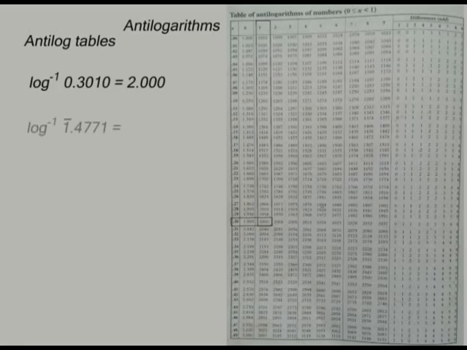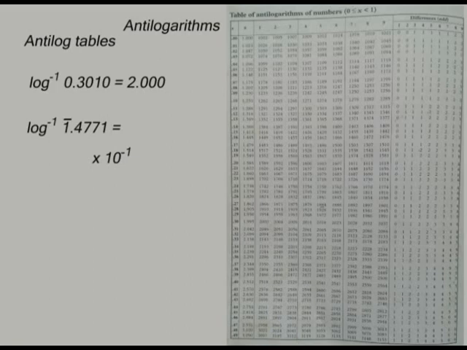How about the antilog of 1 bar 0.4771? Now, the fact that we have a 1 bar means that we had 10 raised to the power of -1. This is the antilog of 1 bar. Then we find the antilog of the mantissa, 0.4771.